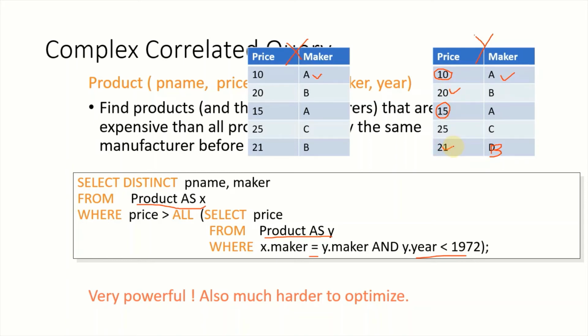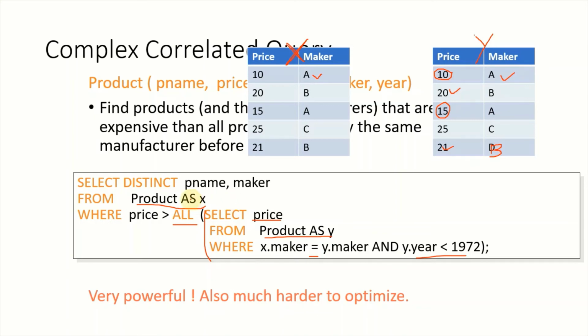Then once we get the list of prices for this query, we will compare all these prices with the prices of this table. So with the help of this query we will get a list.